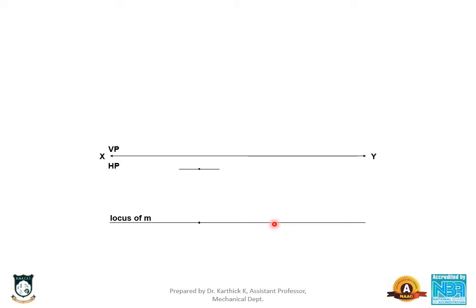So take 60 millimeter in your compass, keep anywhere in this line and draw an arc like this, where it intersects with this locus of S line. So this point is known as small s. Just draw a vertical line from this point s in order to find out the s dash.